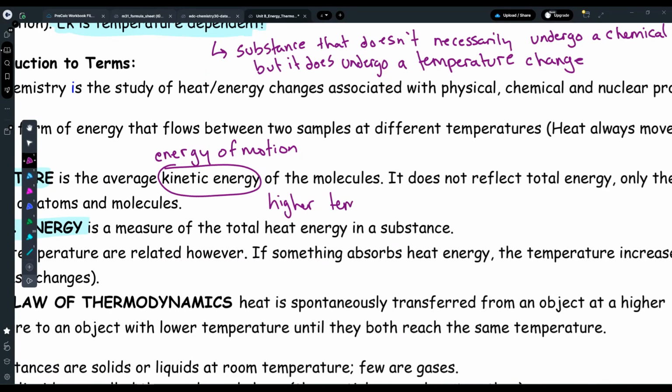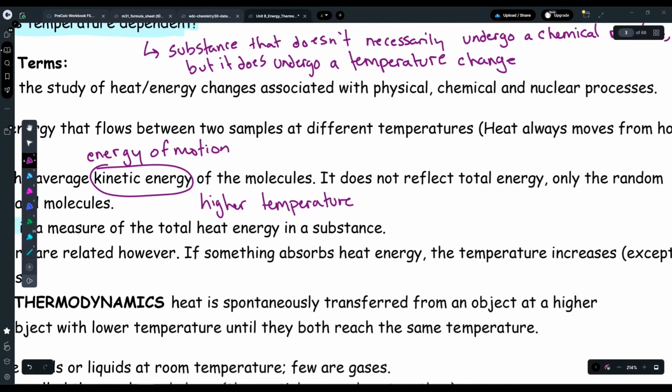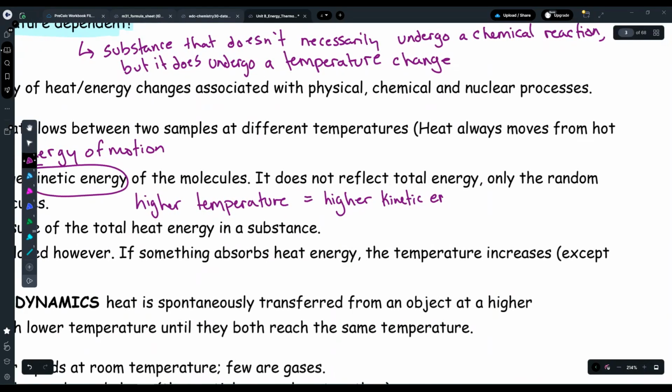A higher temperature will give us a higher kinetic energy, which means that particles are moving more.